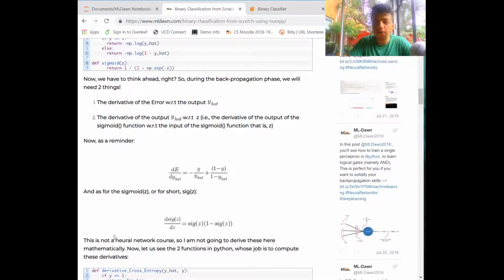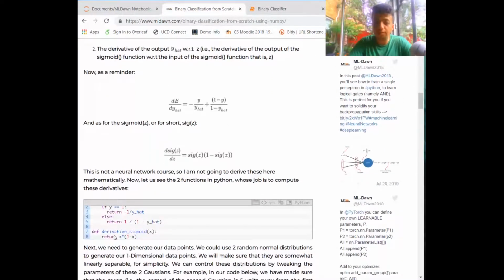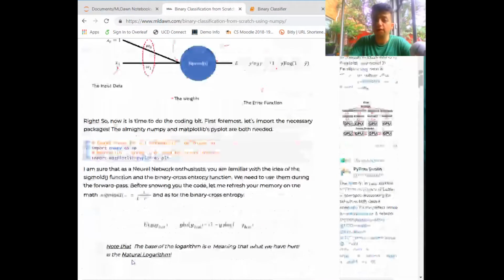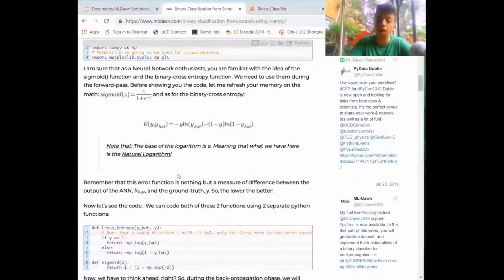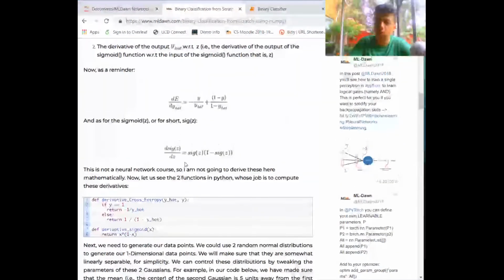And here's the part where we implemented the gradient of the error with respect to y hat and the gradient of y hat with respect to z, meaning that y hat, which is the output of your sigmoid, with respect to the input of the sigmoid, which is z. We said that that is actually equal to y hat multiplied by 1 minus y hat, or sigmoid of z multiplied by 1 minus the sigmoid of z.